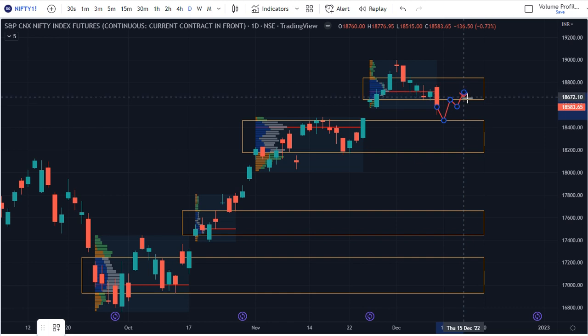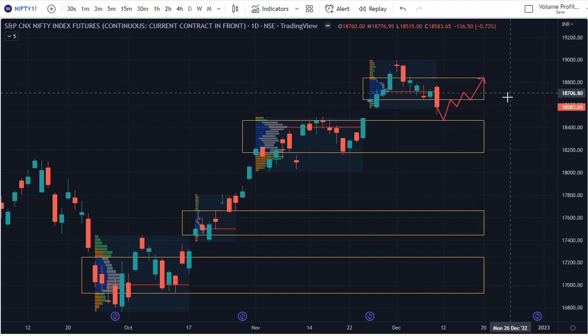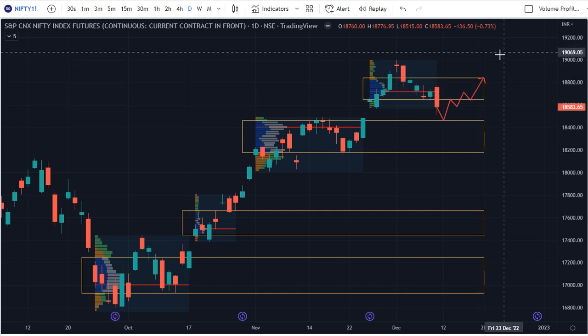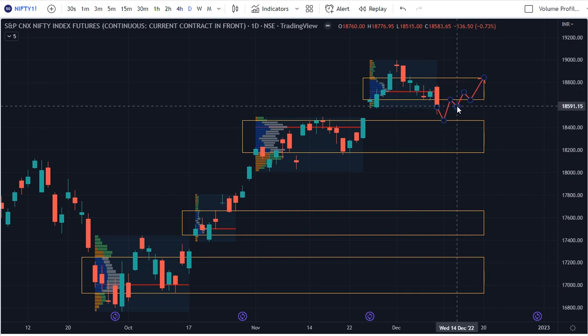And if we are to move higher, then we would probably move to the value area high of the upper value area. That could take us to 18,850 again. This could be one scenario, and if we have a strong move, we could go higher from here too. So that could be the first scenario that we could see.